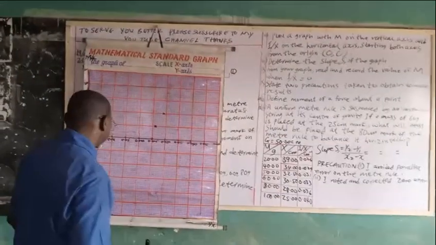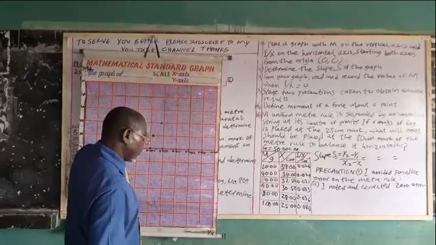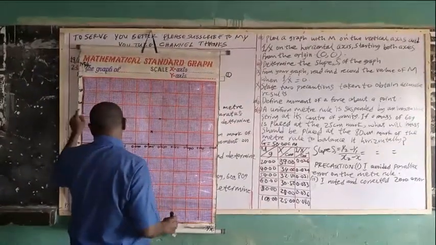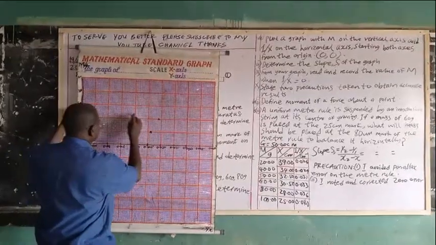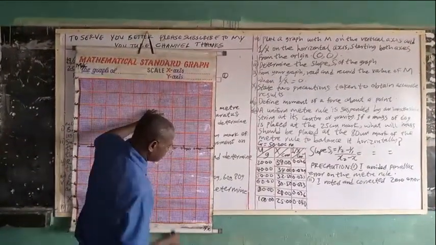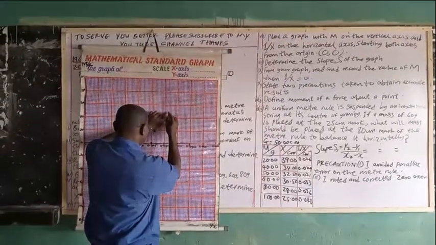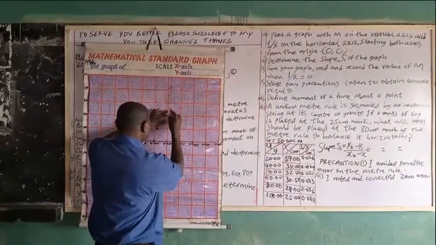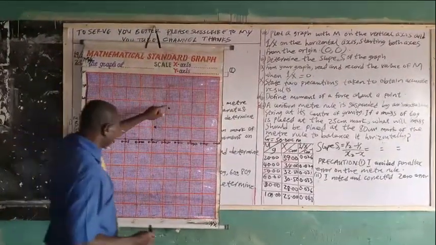The next one is 50 against 0.031. Then 60 against 0.033.